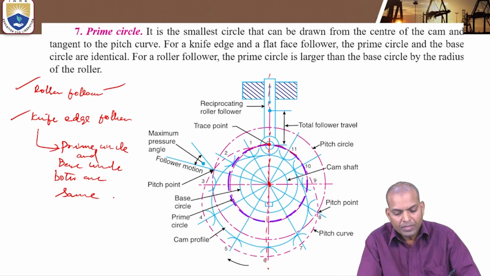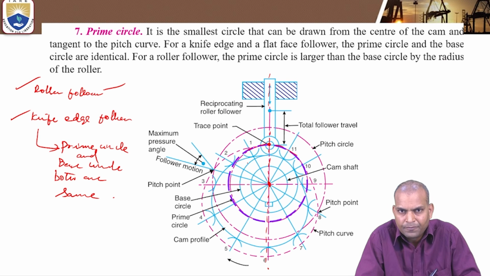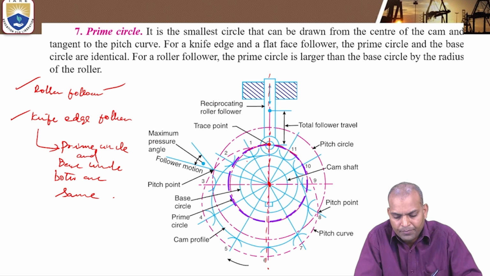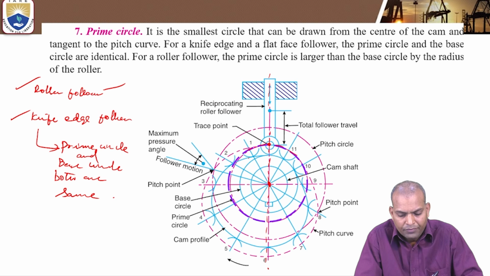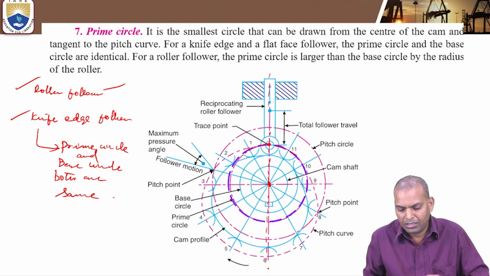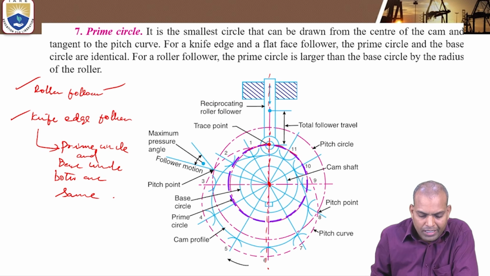Now, it is the smallest circle mentioned, but it is the largest circle in comparison to the base circle. But it is differentiated by the radius of the roller. And for a knife edge follower, as we have mentioned here, the prime circle and the base circle are identical.